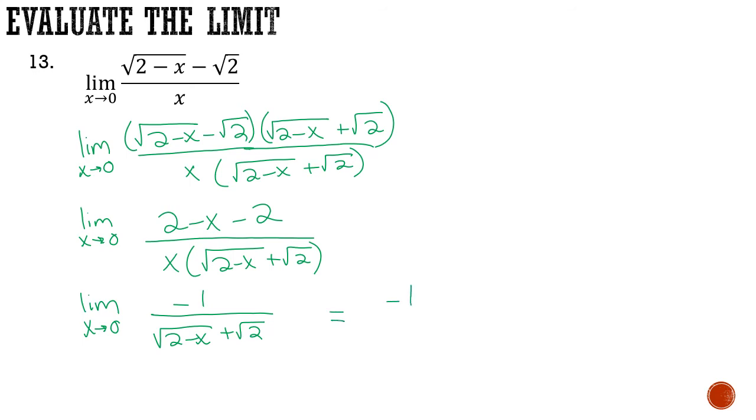And I have negative 1 still in the numerator. And if you substitute the 0 into the denominator for x, you get the square root of 2 plus the square root of 2. And that equals negative 1 over 2 square root of 2. You do not have to rationalize this denominator. That's a perfectly fine answer.